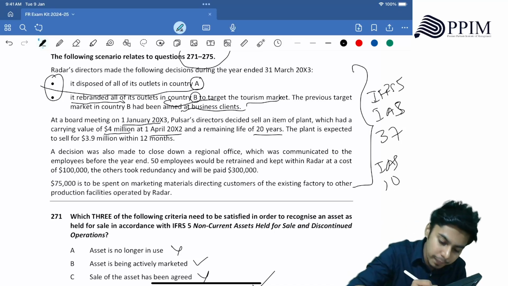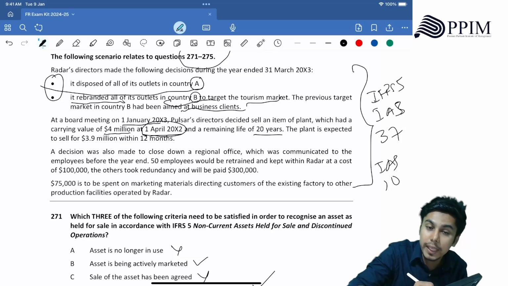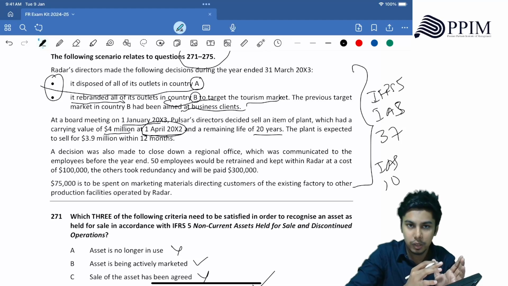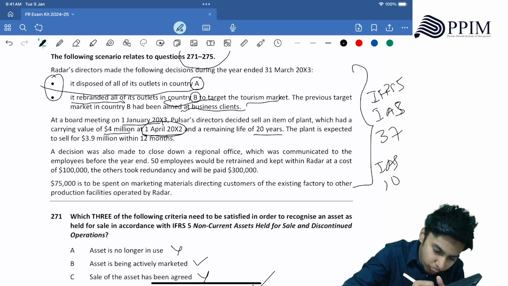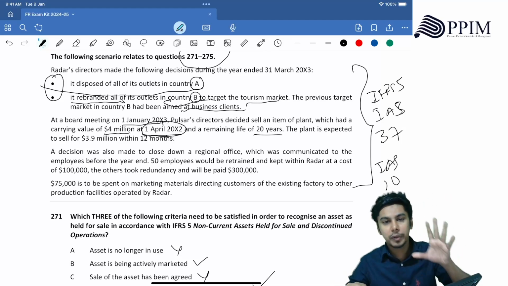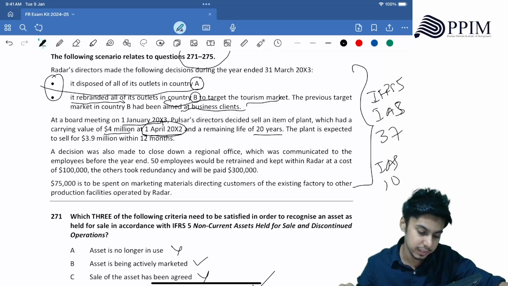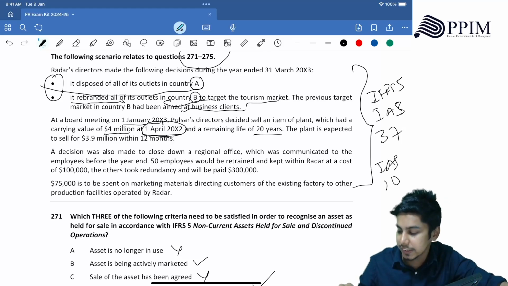Guys, now see, we had it in April 2002. We are at a board meeting in January. We have decided to sell. That means after how many months? After 9 months.